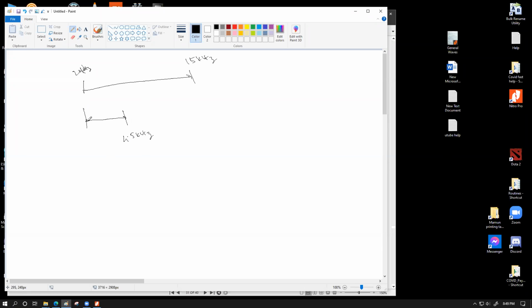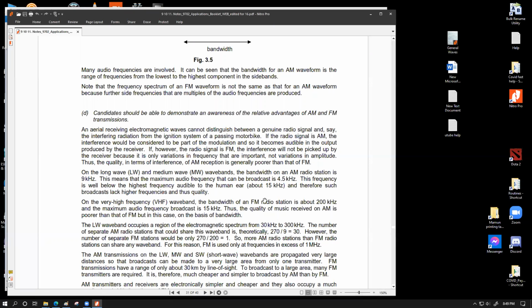So the radio channel could use only this part of our audible range. A huge portion over here remains underutilized. We cannot transmit audio sounds of frequencies more than 4.5 kilohertz through the long wave and medium wave band channels.